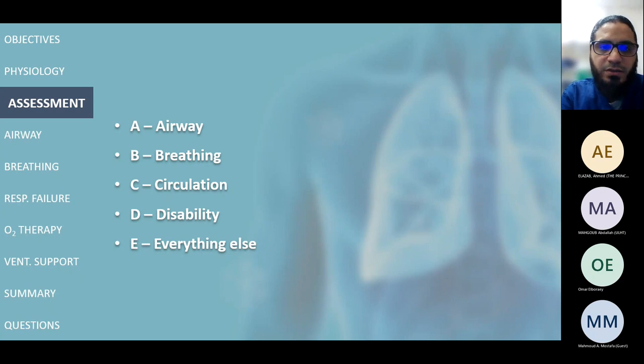So A is the airway. You'll assess, solve any problems you find, and then if everything is okay, we'll move to breathing. We will talk about airway and breathing shortly, and then circulation, disability, which is the GCS and neurological status, and then everything else like skin, rash, fever, bleeding, taking bloods, or sending cultures or whatsoever.